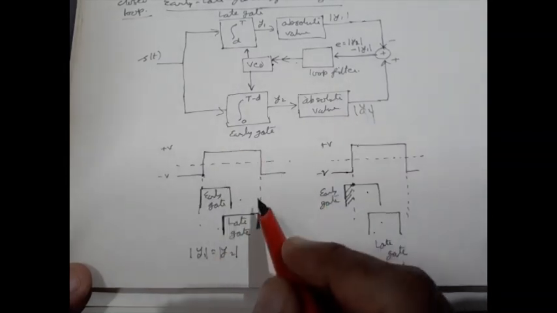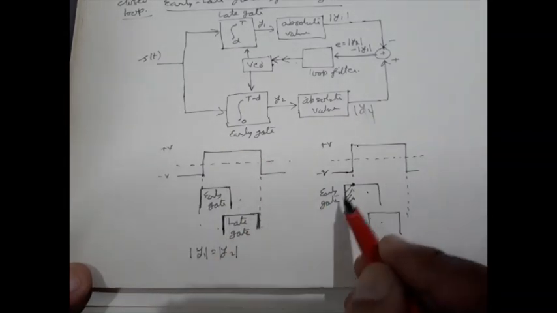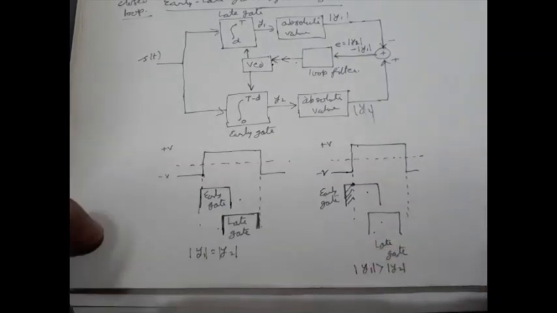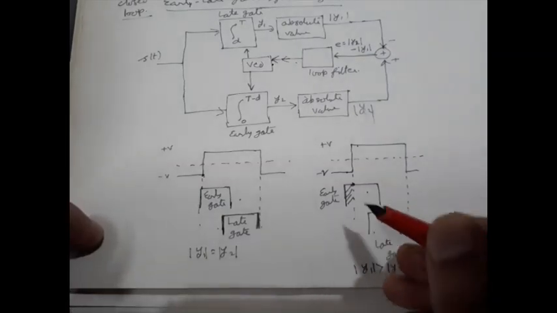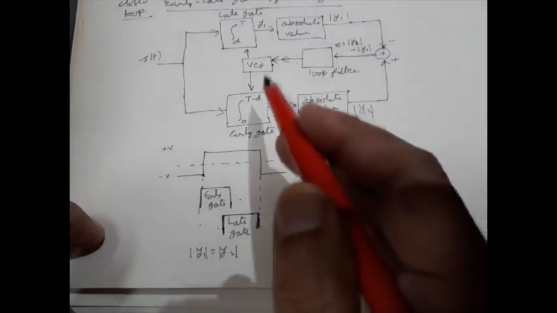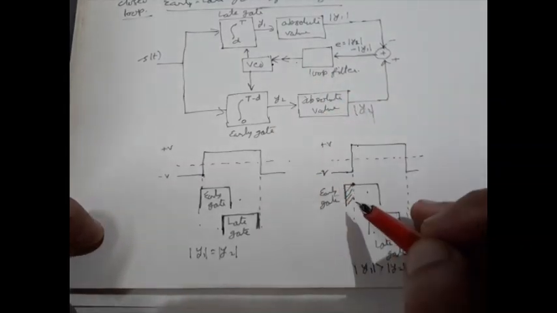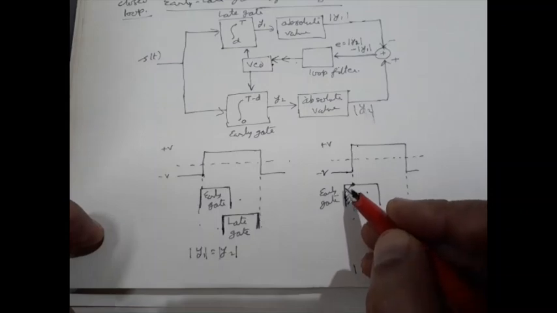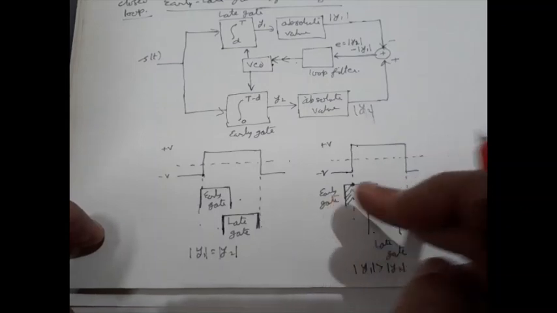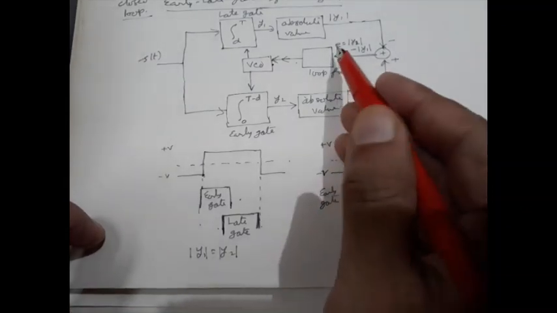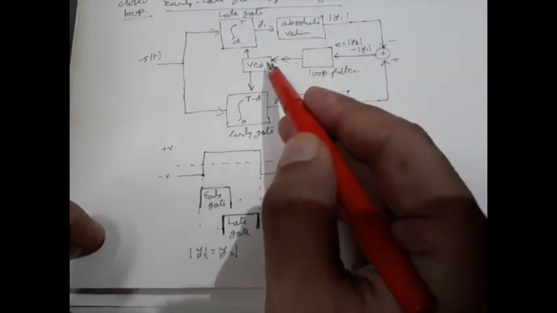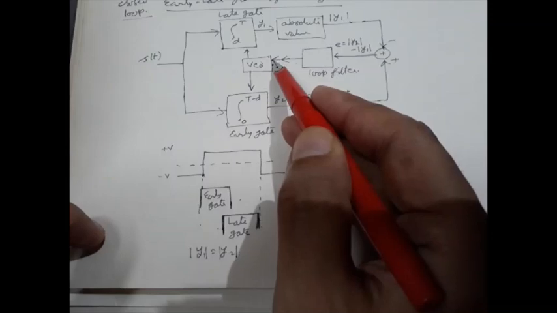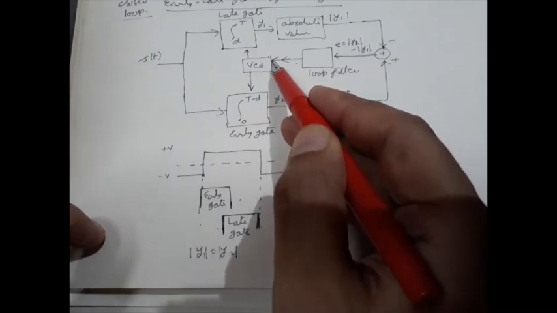Similar thing happens if the situation is reversed. So in short, what we can say is that if the receiver starts its integration earlier, then the error signal will be negative. This negative error signal will produce lowering of the VCO input voltage.